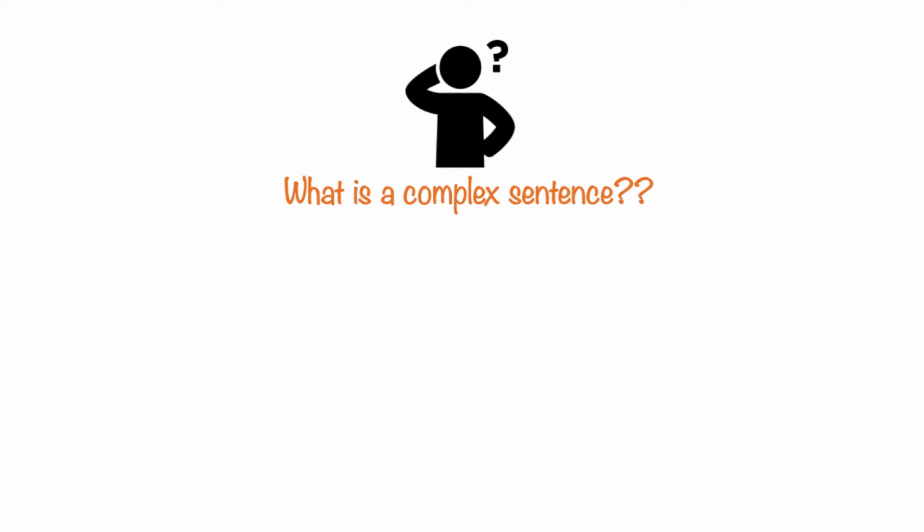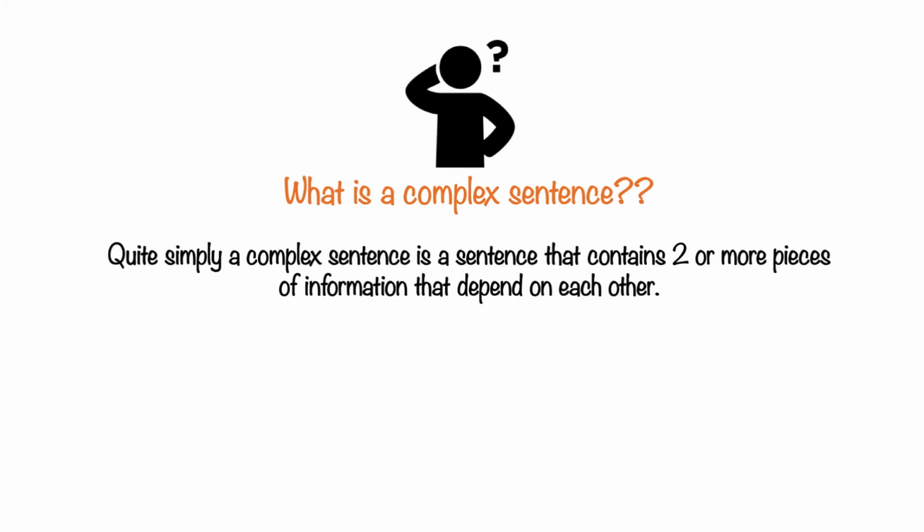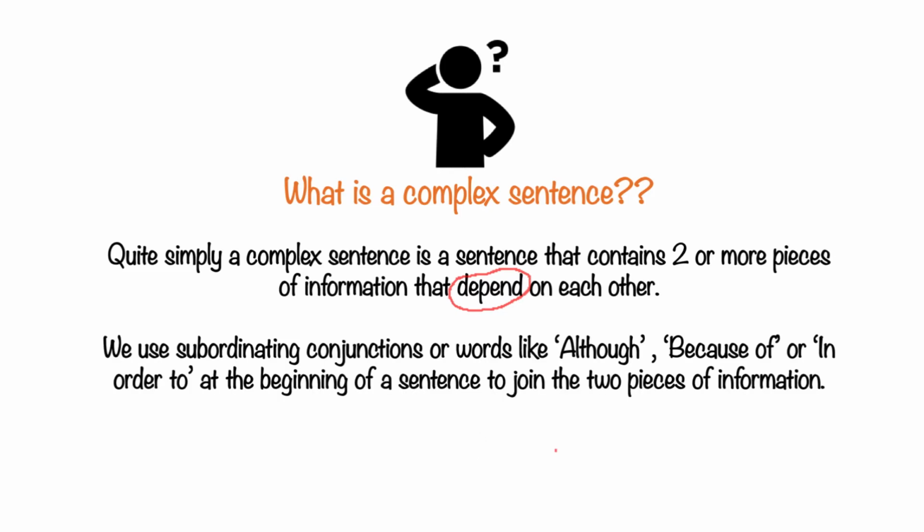Okay, so first of all, what is a complex sentence? Quite simply, guys, a complex sentence is a sentence that contains 2 or more pieces of information that depend on each other. By depend, we mean that these pieces of information are connected and they need each other to make a full sentence.